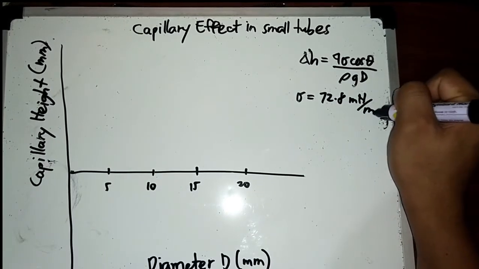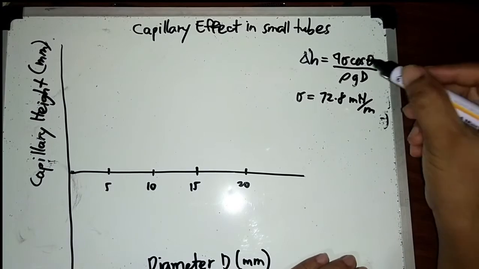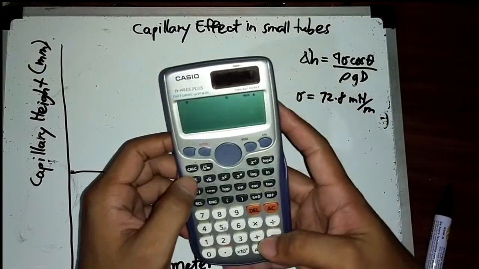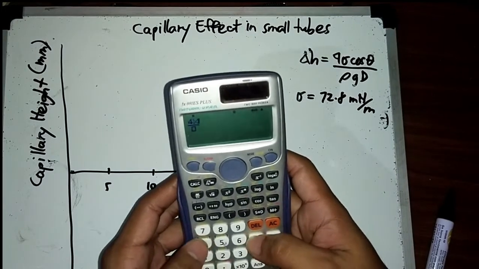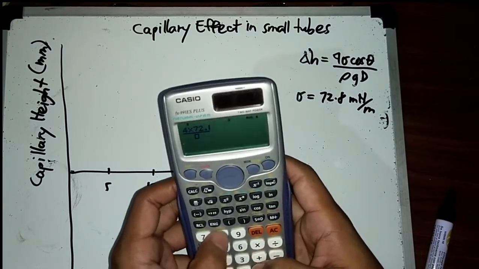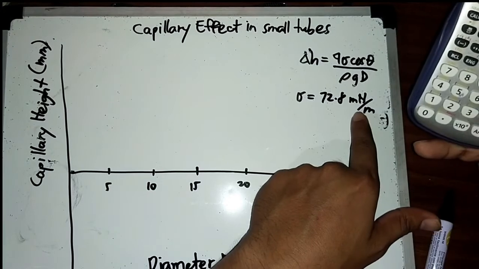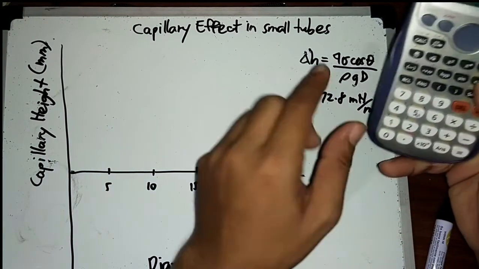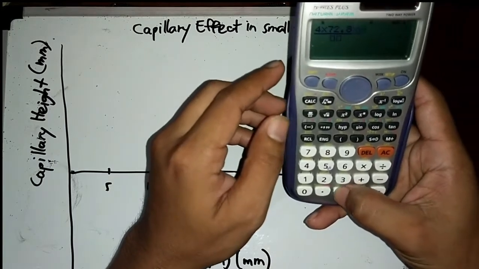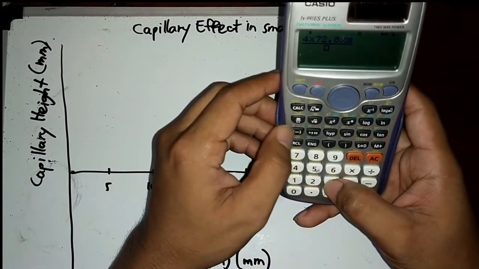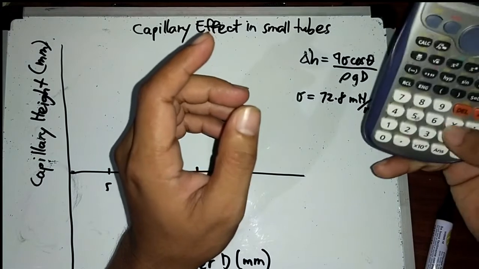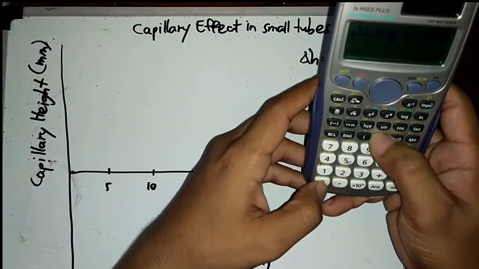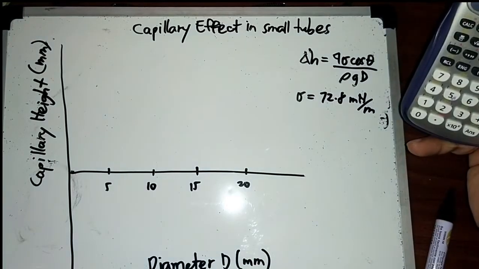millinewton per meter. Okay, so we will just use a calculator. So 4 times 72.8, which is in millinewton per meter, so we will convert that into newton per meter by multiplying by 10 to the negative 3, times the cosine of 0, the angle of water.